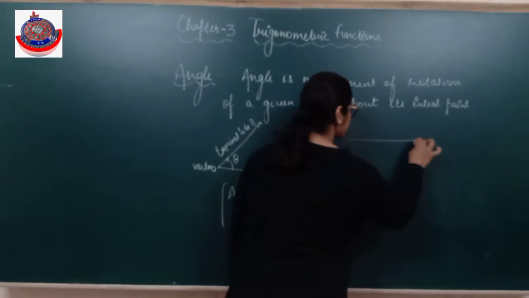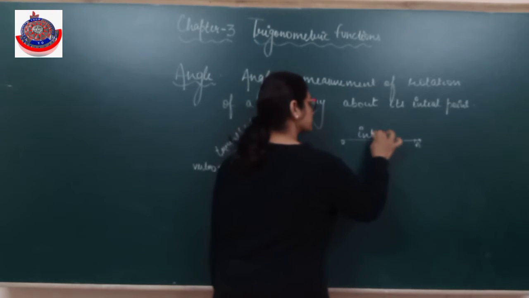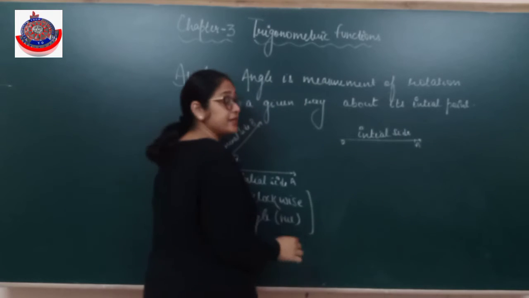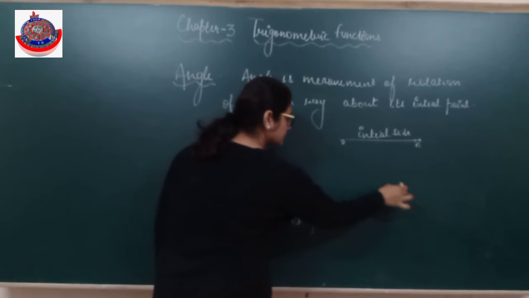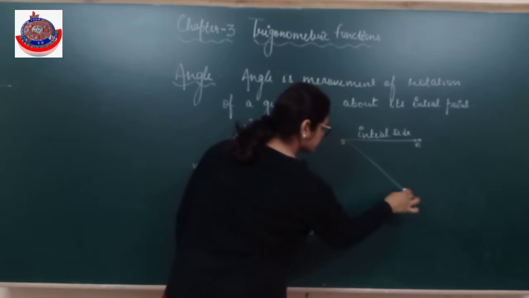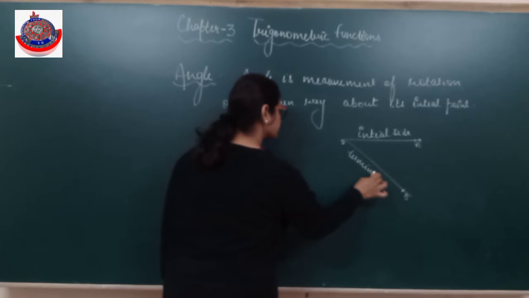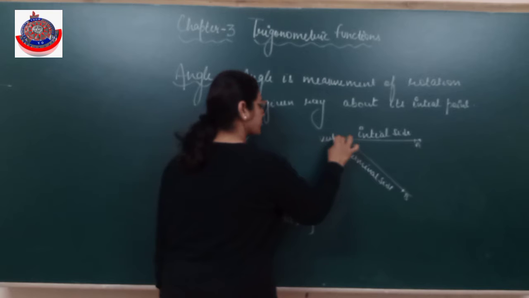Suppose this is my initial side. It comes from here till here. This is my terminal side. Of course, this is vertex.